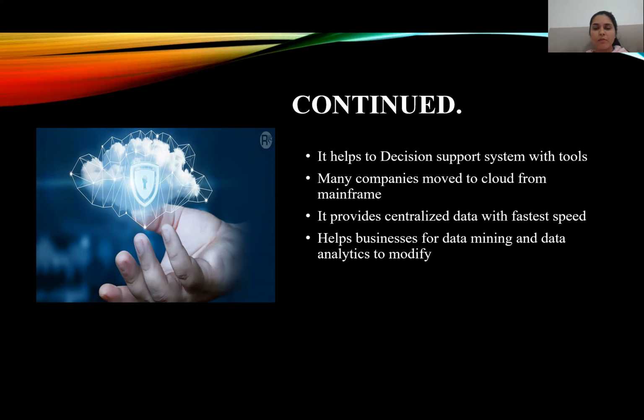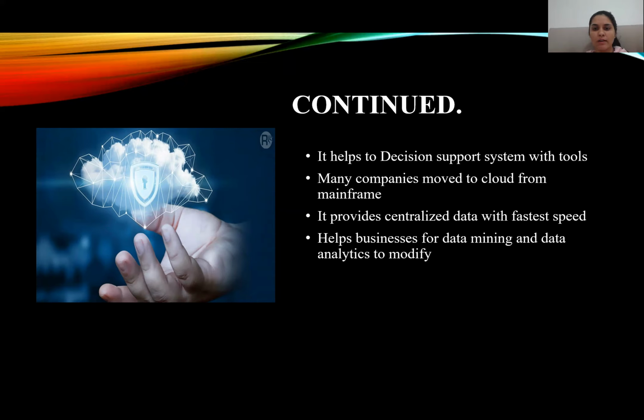Many companies are progressively moving to the cloud because it gives them big, good quality data, and since organizations get more data on a daily basis, they can simply store that huge amount of data on the cloud in a very simple way.